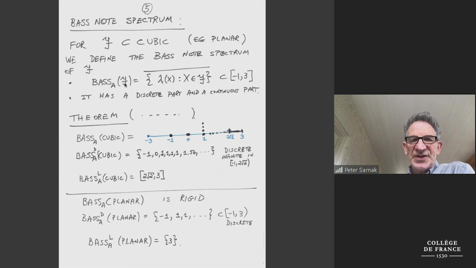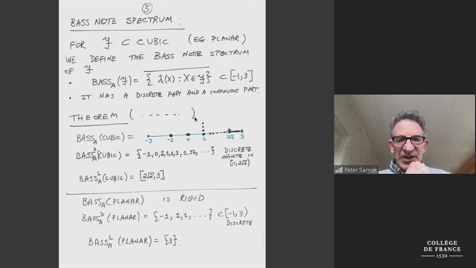So the closure of the set, as you go over all cubic graphs, where -1 is the smallest that you could ever have for lambda 1. And then what is this subset that you can create? It's a closed subset of this interval. So it's going to have a discrete part and a limit point part. And here's what we know. We know completely the answer to this. And as I said, I'm not going to give attributions because it's a combination of many, many people's works.